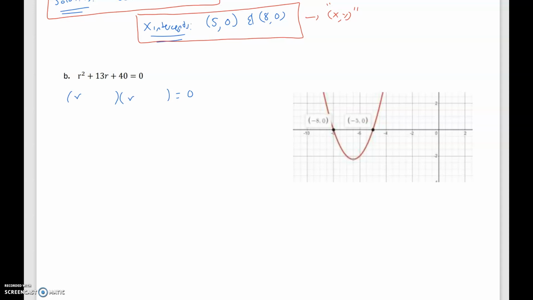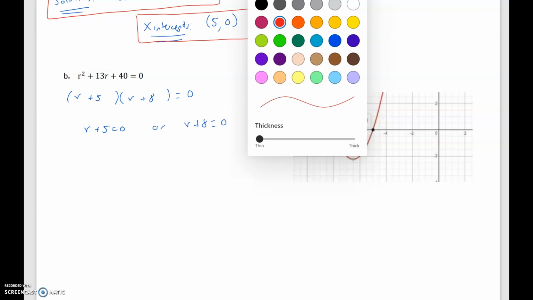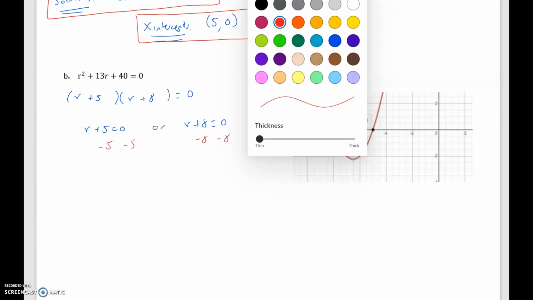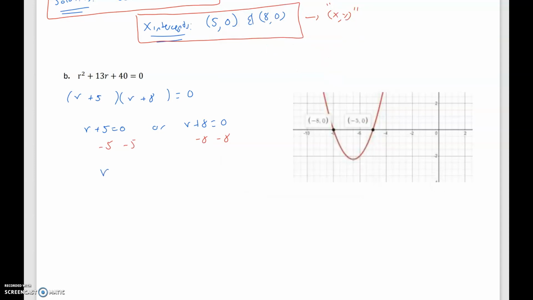We're looking at technically plus 5 and plus 8, or as we solve this one, r plus 5 is equal to 0, or r plus 8 is equal to 0. And as we solve this one, we're going to end up with negative 5 and negative 8. So r is equal to negative 5 or r is equal to negative 8.